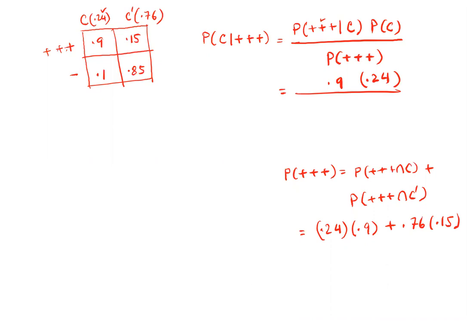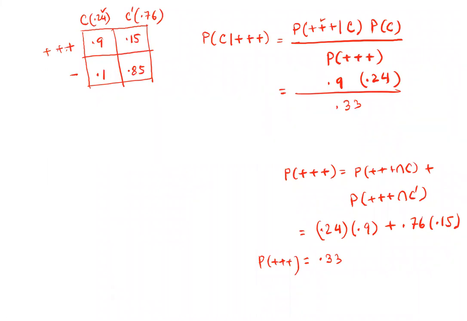So 0.24 times 0.9 plus 0.76 times 0.15 gives 0.33. Let me check my numbers, I'm doing it on the fly. Yes, 0.33.